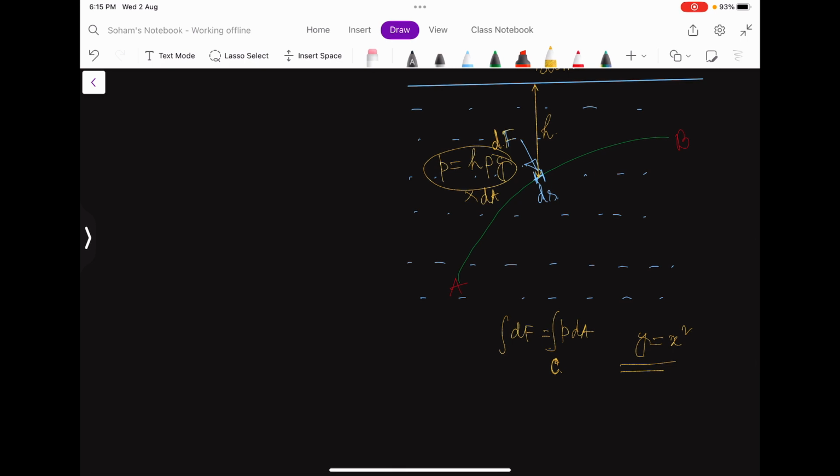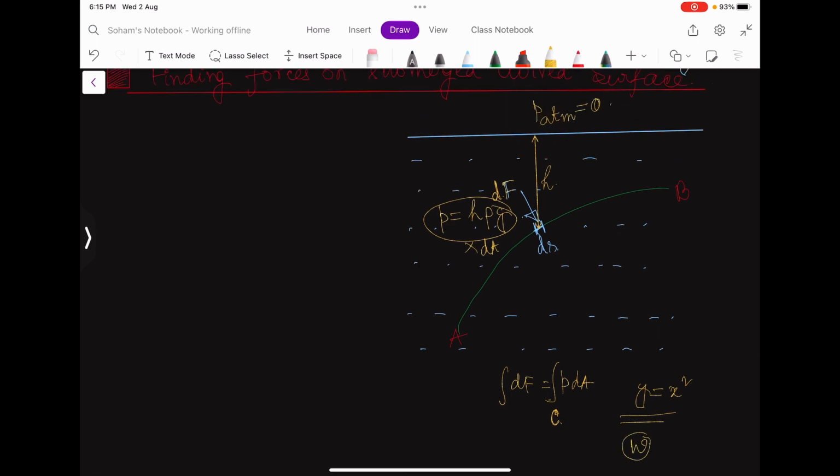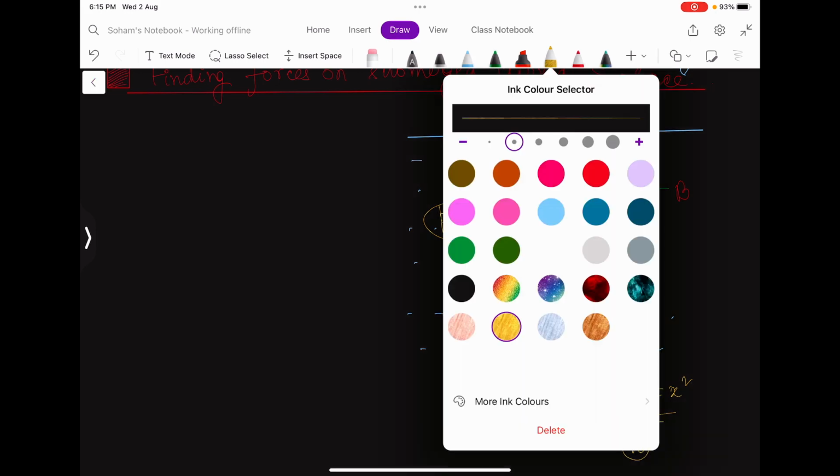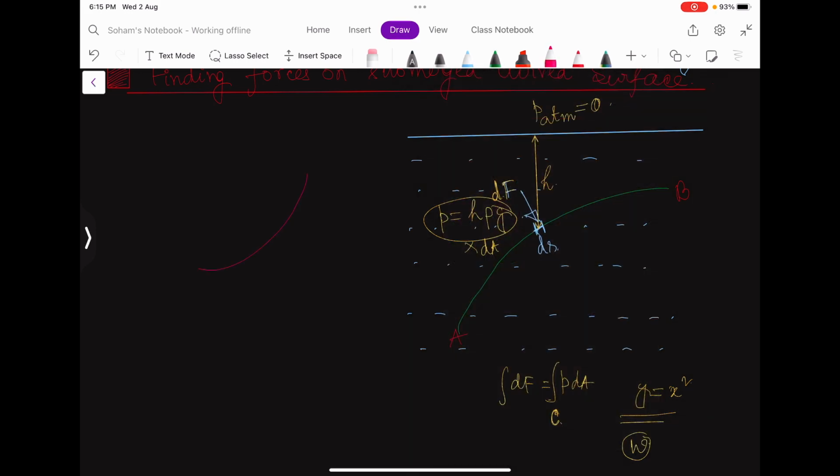Now you are also told that the width of the gate is w. What do you mean by width there? Let us say that y equal to x square means a curve like this.